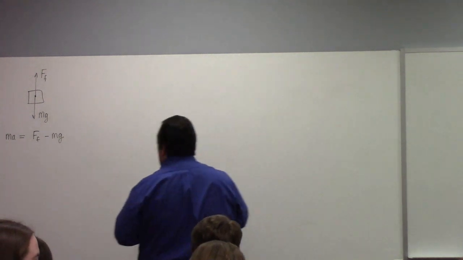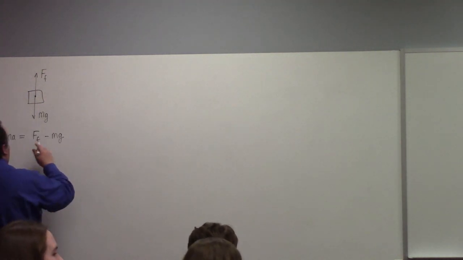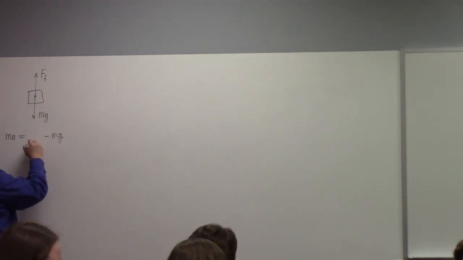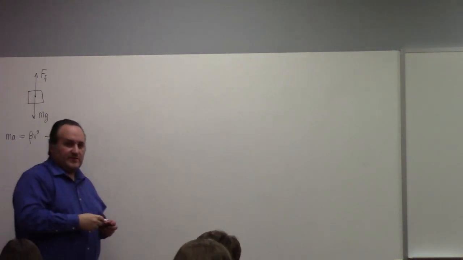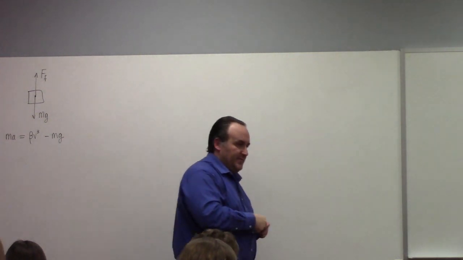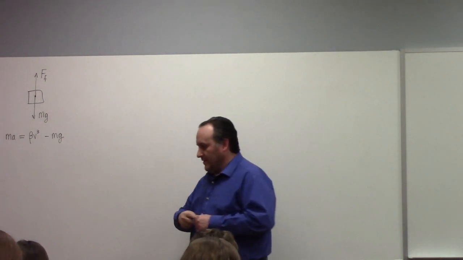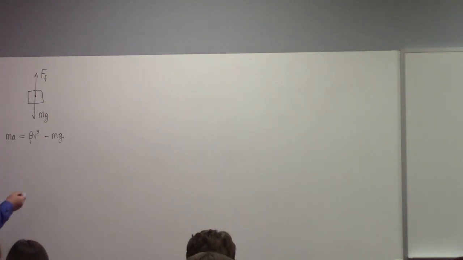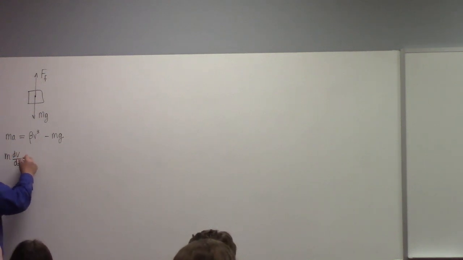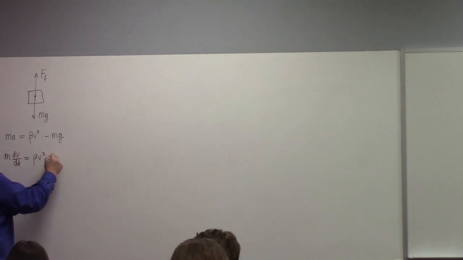So, for that, I think in your homework, this is something like beta v cubed or some such thing. So to directly solve that would be kind of a drag, pun intended. So this would be m dv/dt equals minus beta v cubed minus mg, right?